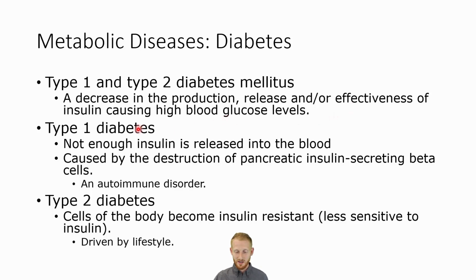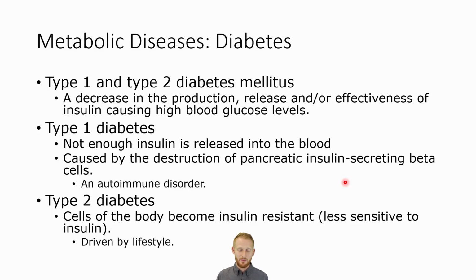Type 1 diabetics typically are diabetic because they don't have enough insulin being released into the blood. These are diabetics caused by a destruction of the pancreatic insulin-secreting beta cells. The beta cells of the pancreas are where insulin is made, and it's released into the bloodstream, allowing the blood glucose to enter the cells of the body.